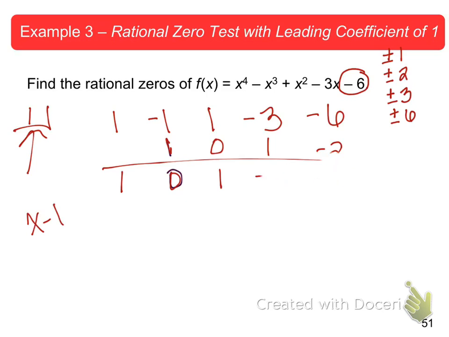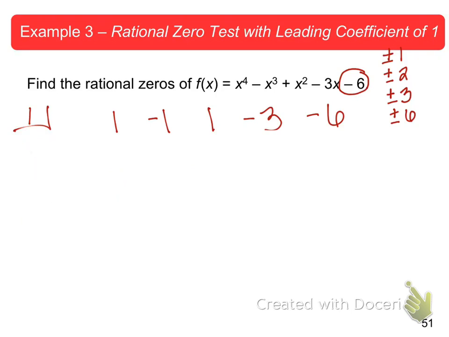Okay, so now I'm going to use the next one. I'm actually going to use negative 1, because I like to use those small numbers. I'm going to pull down my 1. Negative 1 times 1 is negative 1. Negative 1 plus negative 1 is negative 2.